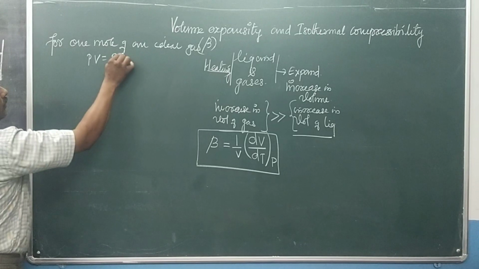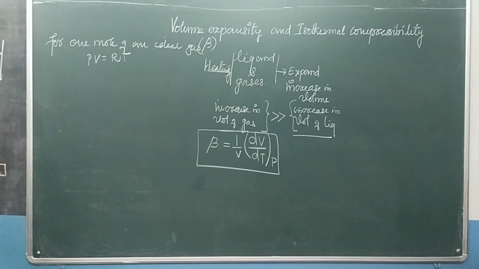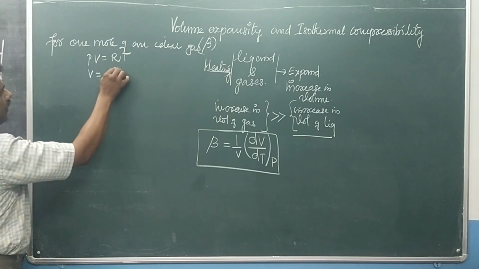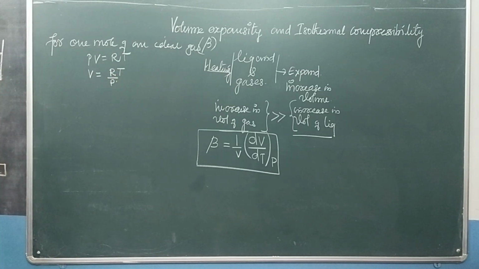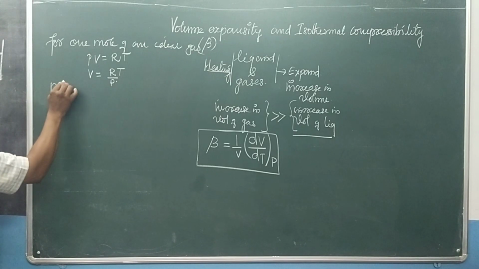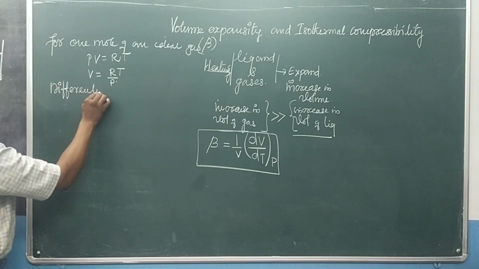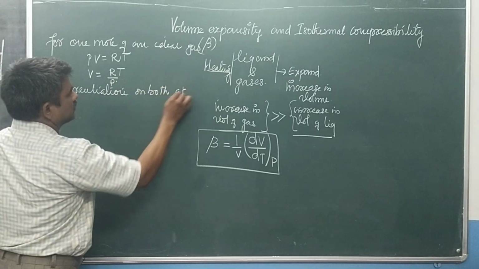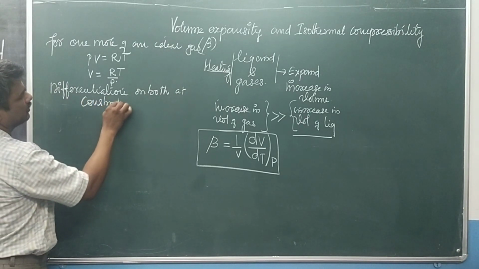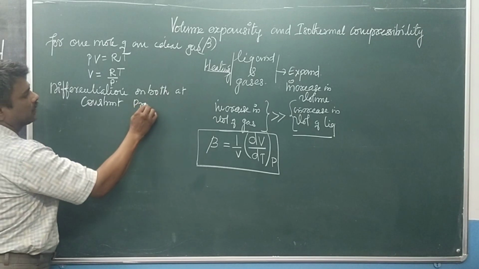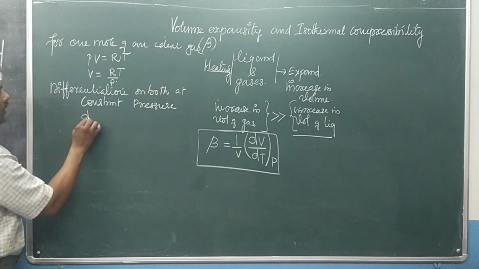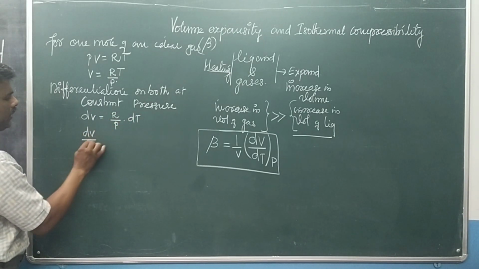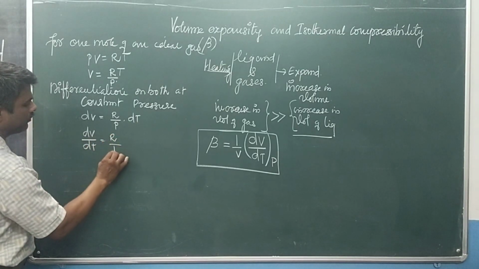V is equal to RT divided by P. Differentiating on both sides at constant pressure, dV is equal to R by P into dT. Hence dV by dT is equal to R by P.